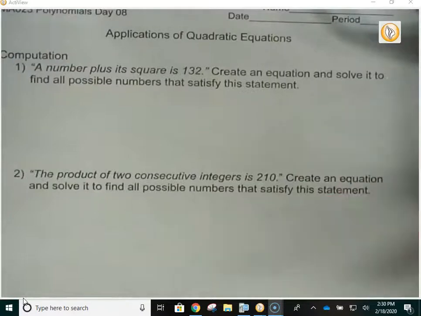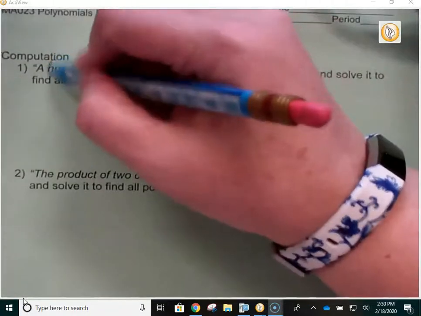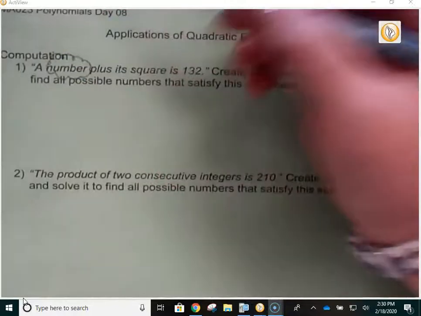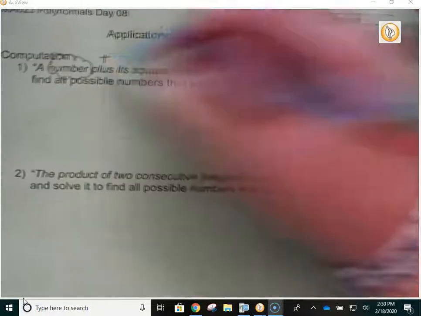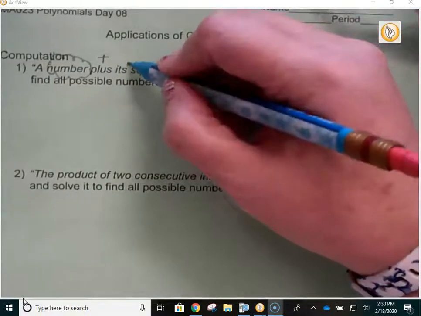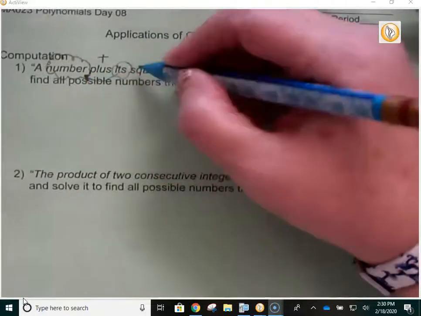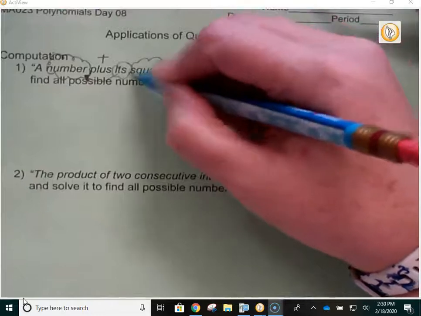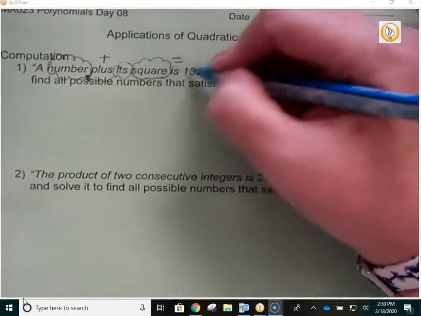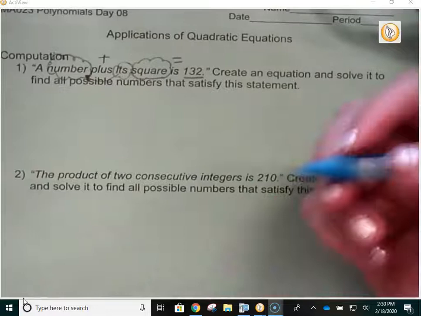So we're looking at this. It says a number, so that's going to be my variable, plus means plus, its square, its is referring back to this number, so it's the same thing, but it's going to be squared. Is means equals 132. So we need a variable.